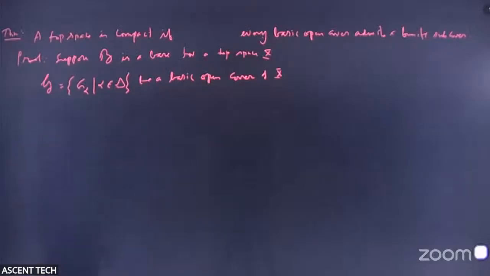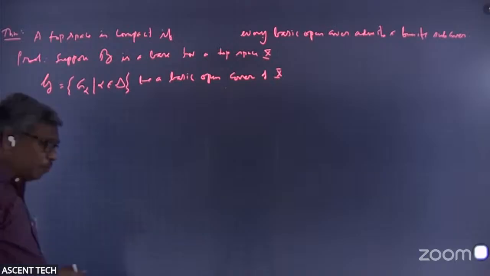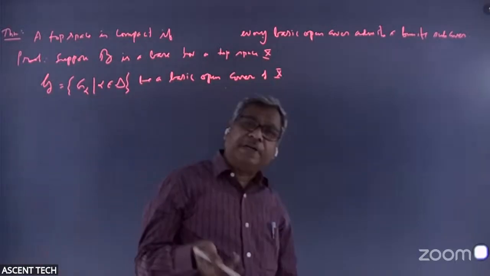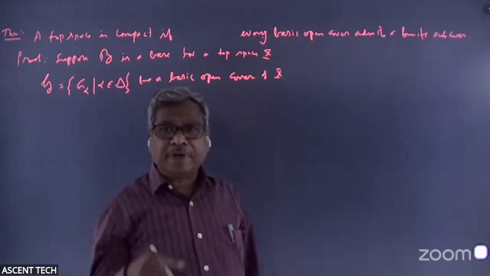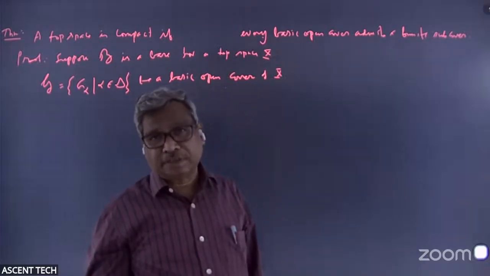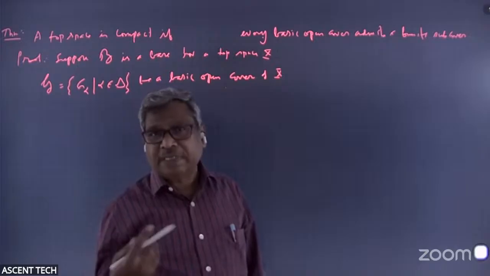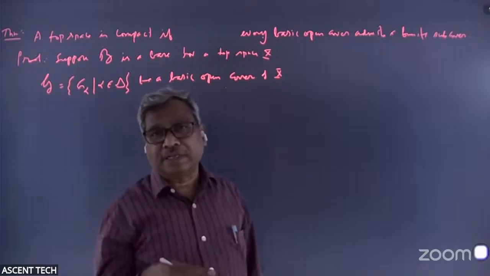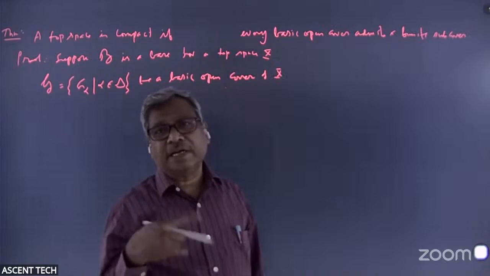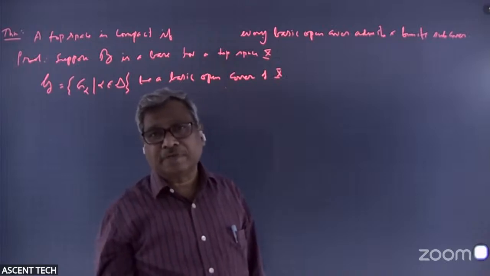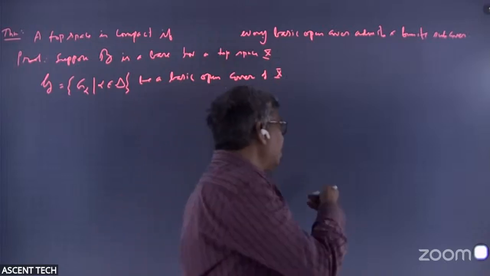So that's why I took any {G_alpha : alpha in delta} to be an open cover of X. What are the open sets? Open sets are arbitrary unions of members of basic open sets. So how does the basis generate the topology? Every open set of the topology is a union of some members of basic sets.